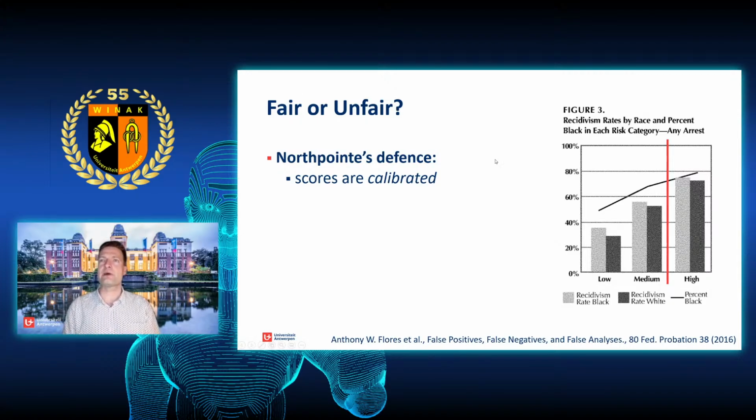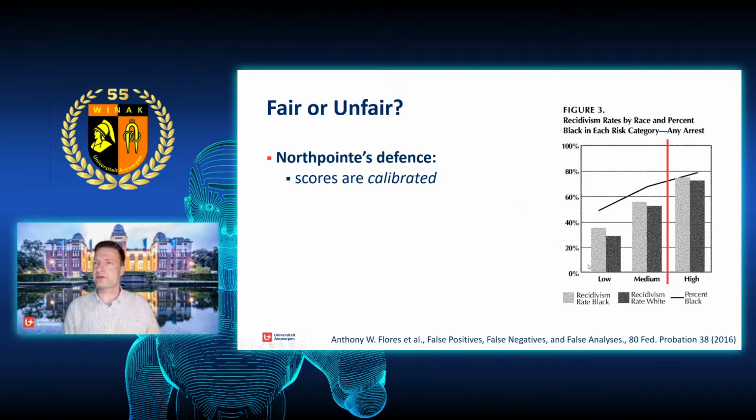For the people we predict should stay in jail, for almost 80% of them it was the right decision because they would recommit a crime. But for 20%, it was a wrong decision, which is more negative for them than what they deserve. They would not recommit a crime, but they need to stay in jail anyway.